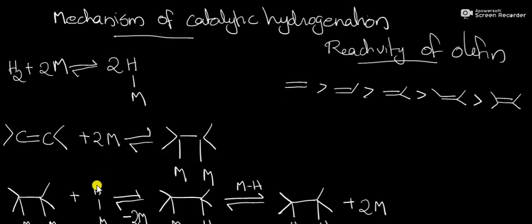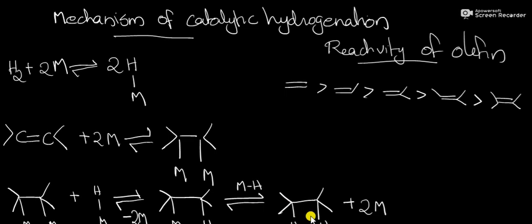Then the last step is the union of one adsorbed hydrogen atom with the adsorbed species to form a half hydrogenated state, which then reacts with another chemisorbed hydrogen atom to give the saturated compound.